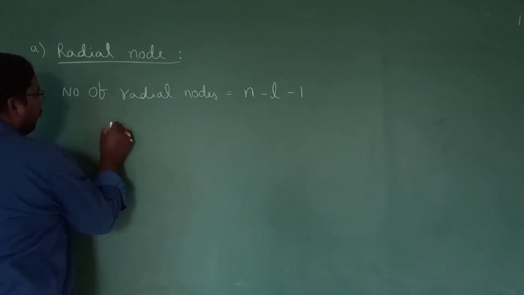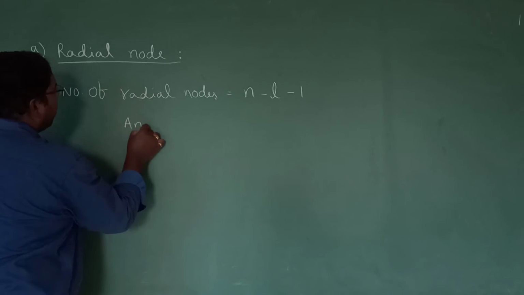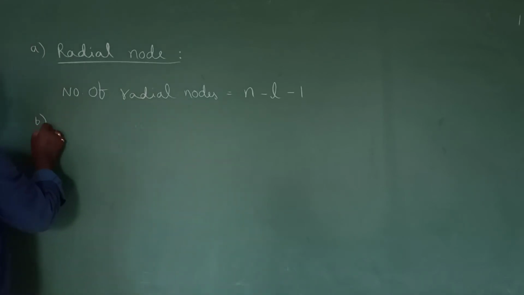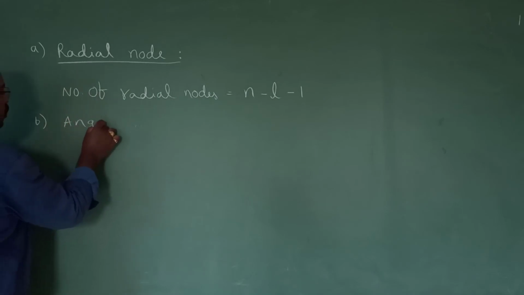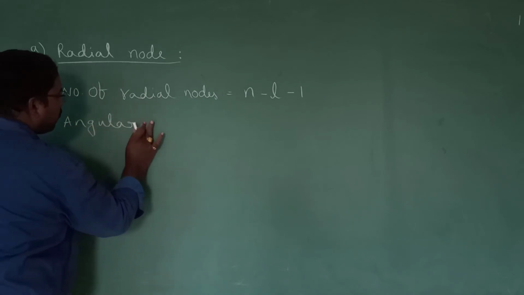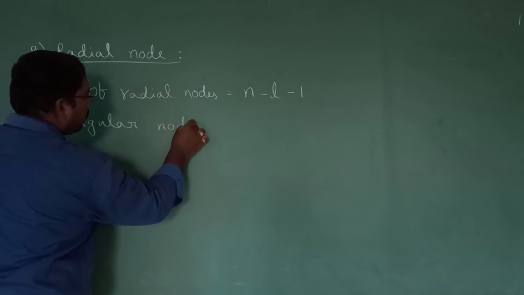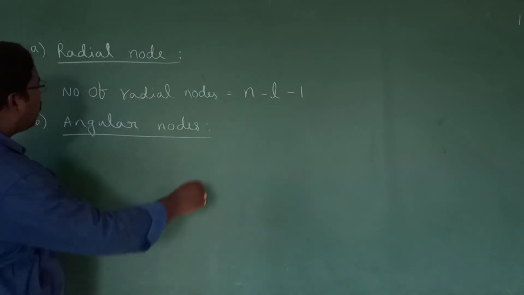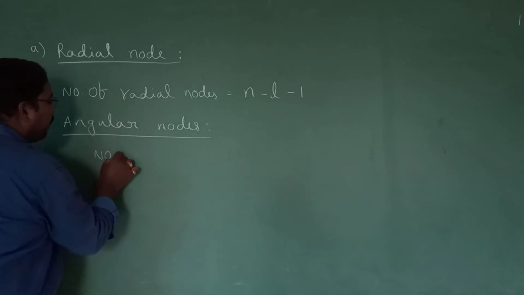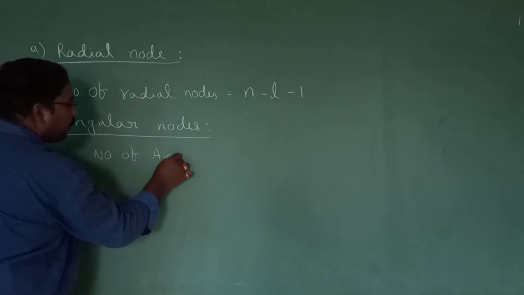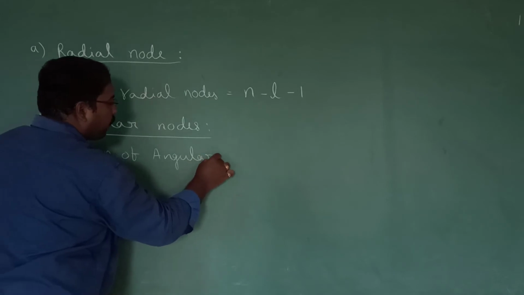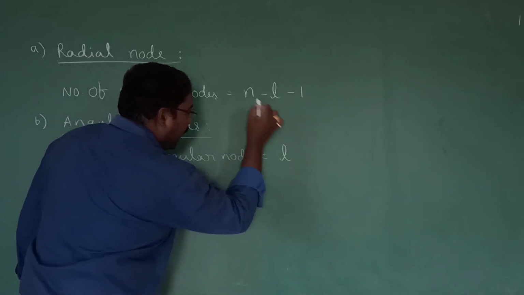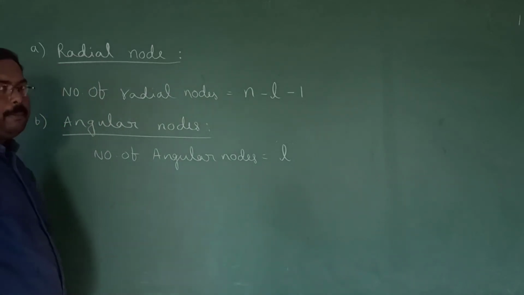Now coming to the second type, that is angular nodes. The number of angular nodes is equal to l, the azimuthal quantum number.